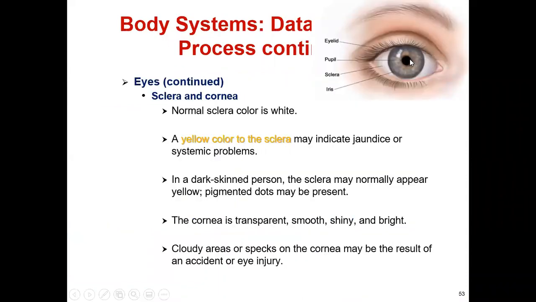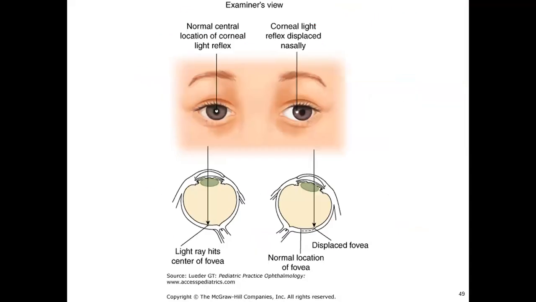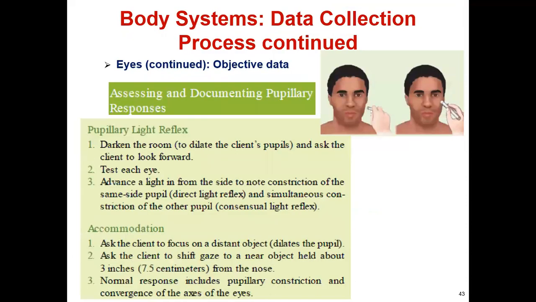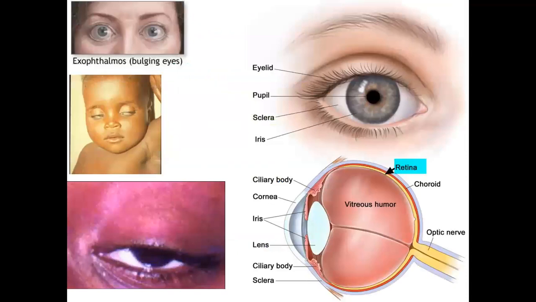Here I want to tell you something about the pupil, a common exam question. When the pupil is dilated, we call it mydriasis. Pupil dilation occurs if we give atropine.